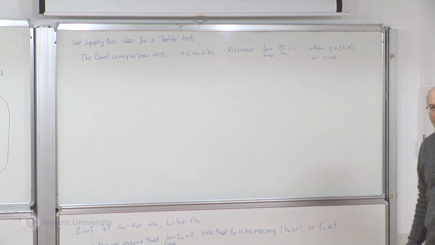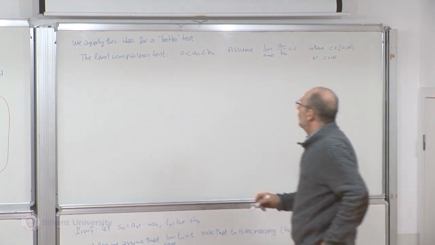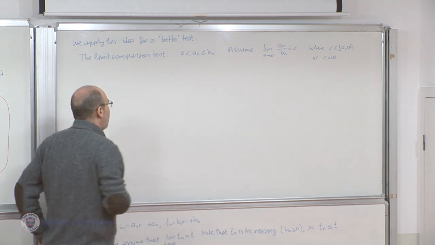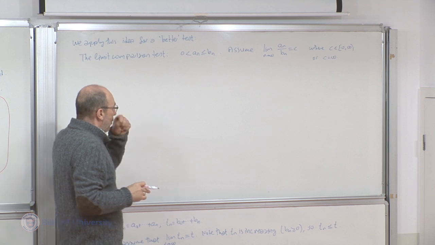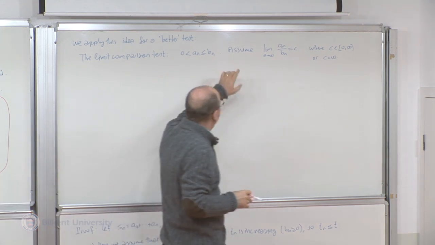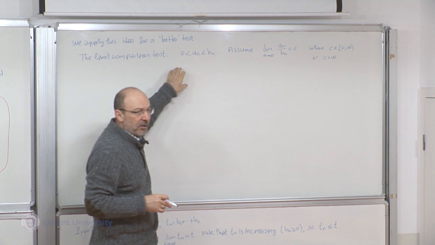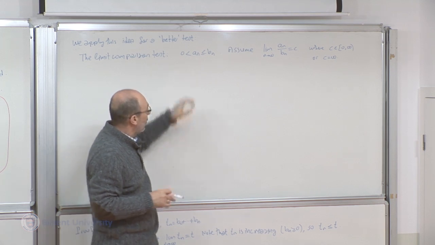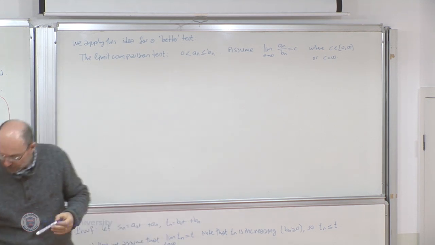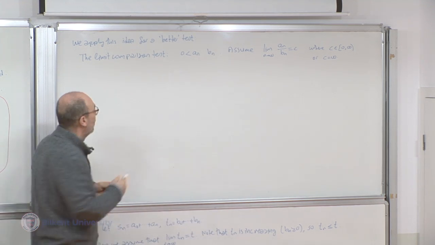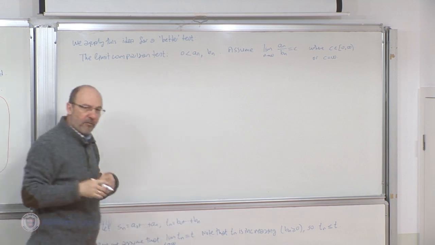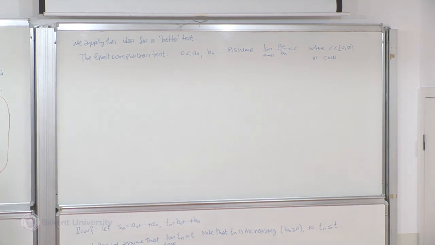We'll look at all cases. Before I immediately write this, let's understand what it means. Basically we are trying to understand summation An. Here I have a comma: from some point on they must all be positive, so I can divide.